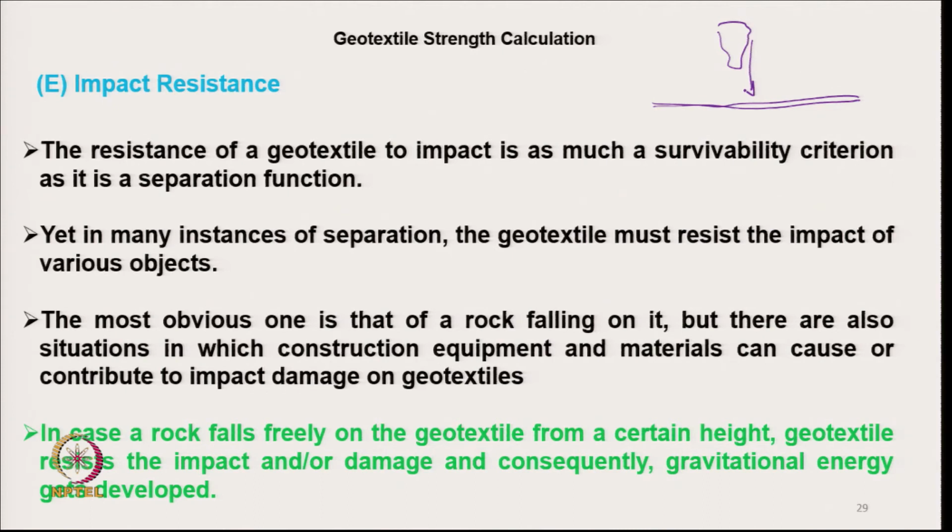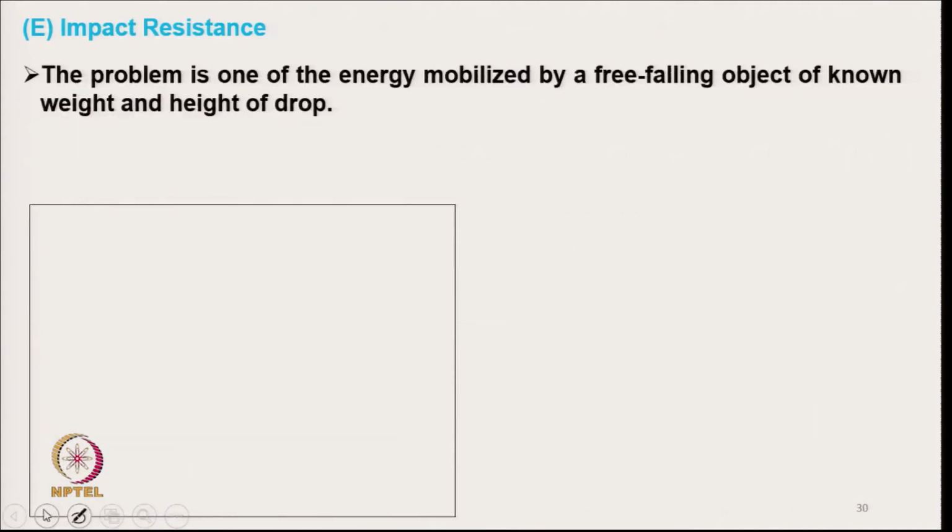So, gravitational energy is generated and we measure this energy on the geotextile. The problem here is the free fall; it is one of the energy mobilized by free falling of an object of known weight from a known height.